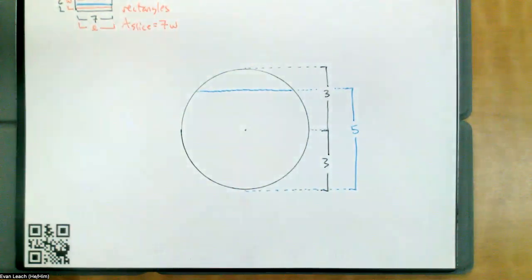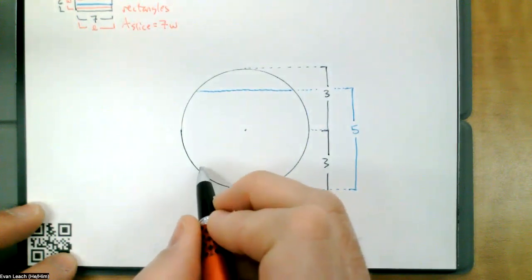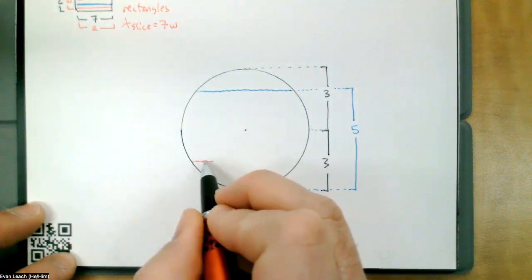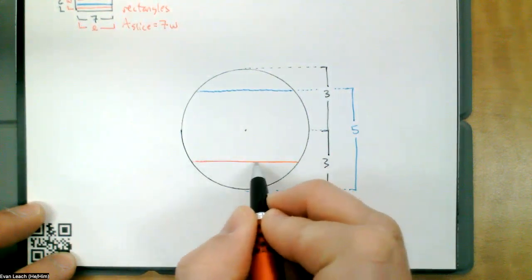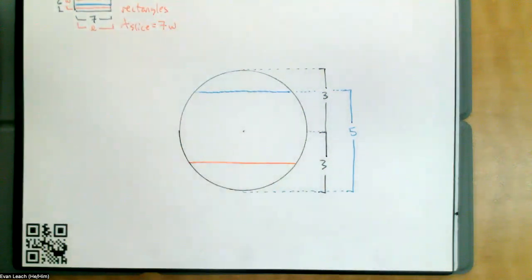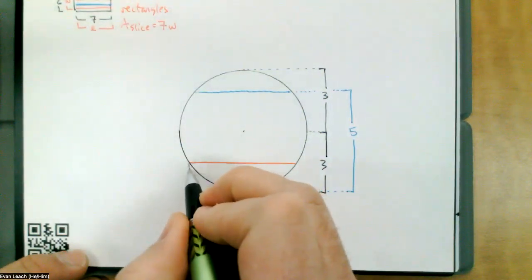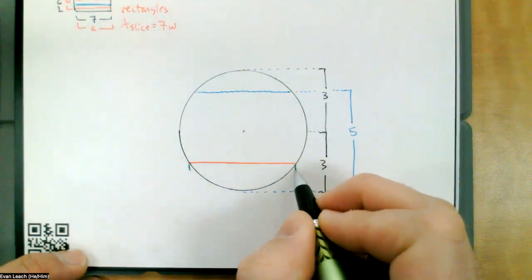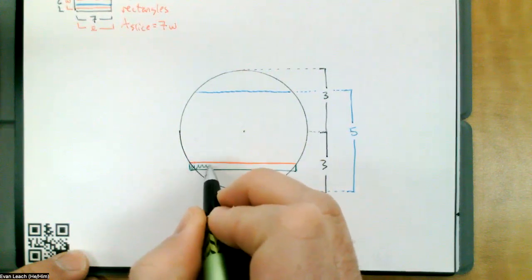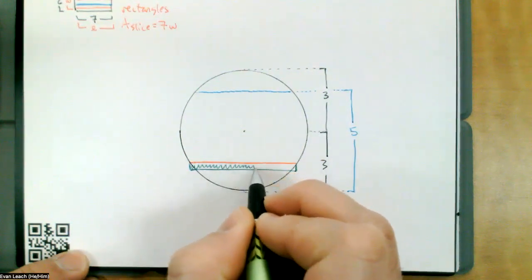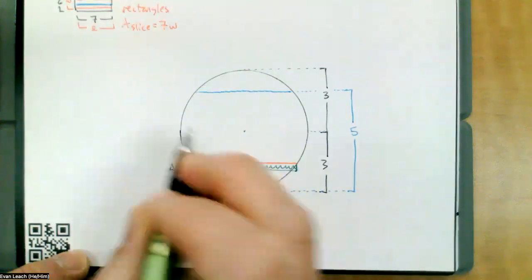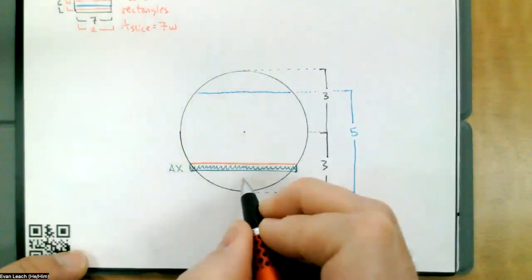And we've got a slice of water down here with a width. And we're going to use that width for some change in X. So there's our slice of water. And this has a certain width.